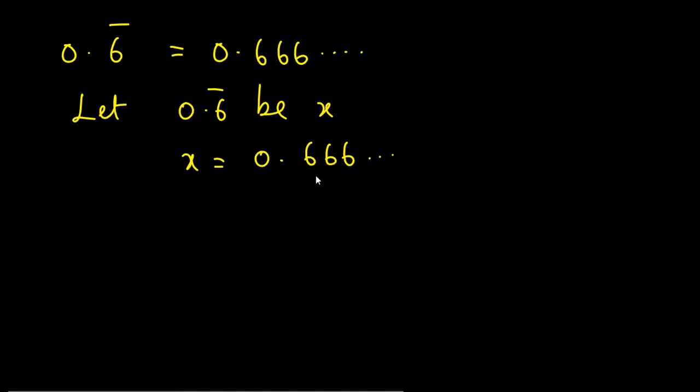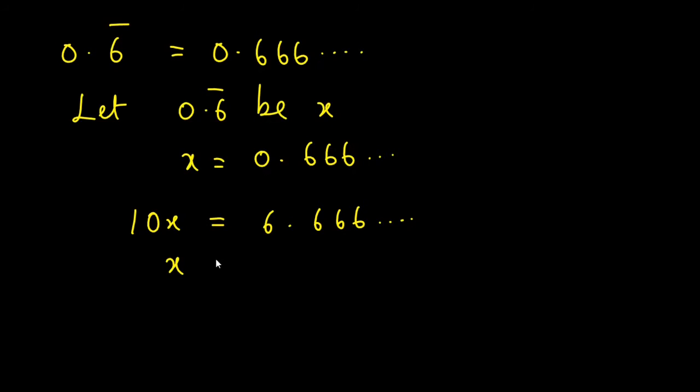So here only one digit is getting repeated. So take 10x. 10x is equal to, the decimal point moves here, so this is 6.666 repeated.